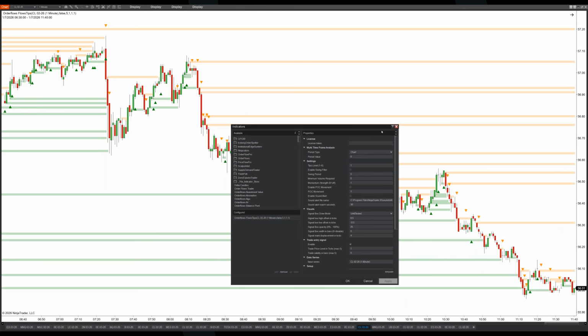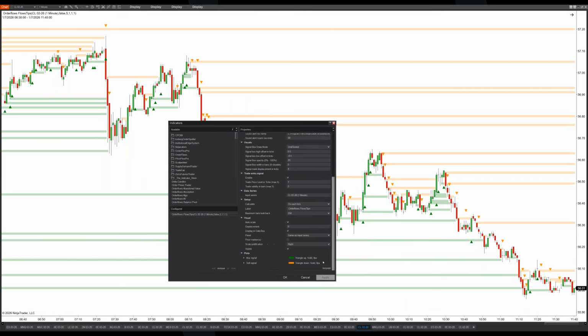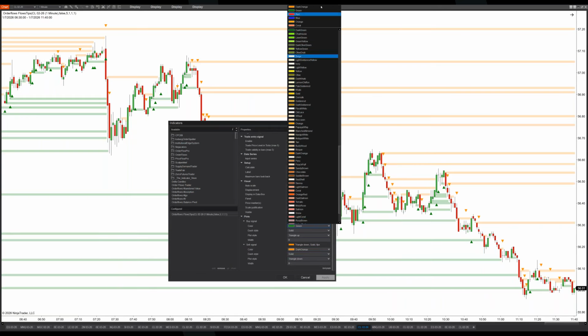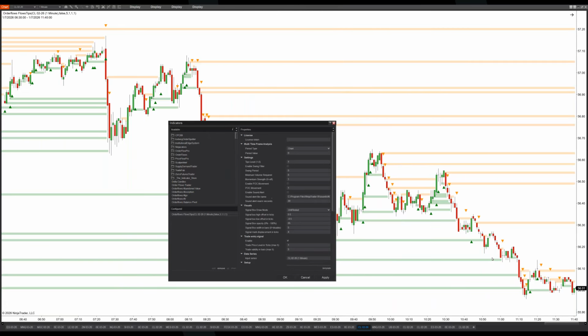I'll change the colors. I took off the wrong one, but I'll make it back. I like blue and red. Blue is always buy, red is sell. So you see there's a lot of signals. It was set at 1, which is its lowest. Momentum strength is 0. I'll set that back at 0.